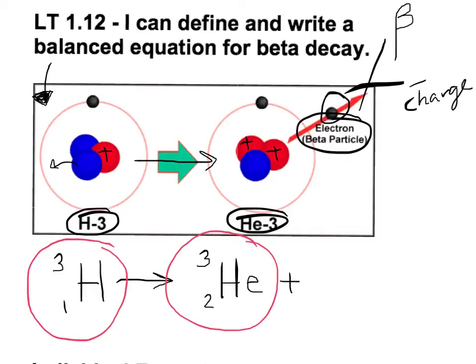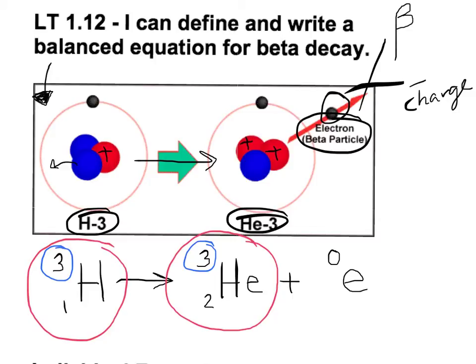Well, since I'm emitting an electron, I'm going to write a lowercase e. From conservation of mass, the mass I start with has to be the mass I end with. I started with 3 and ended with 3 AMUs in my helium atom, so the electron has a mass of 0, which makes sense because the electron has a mass of 0.